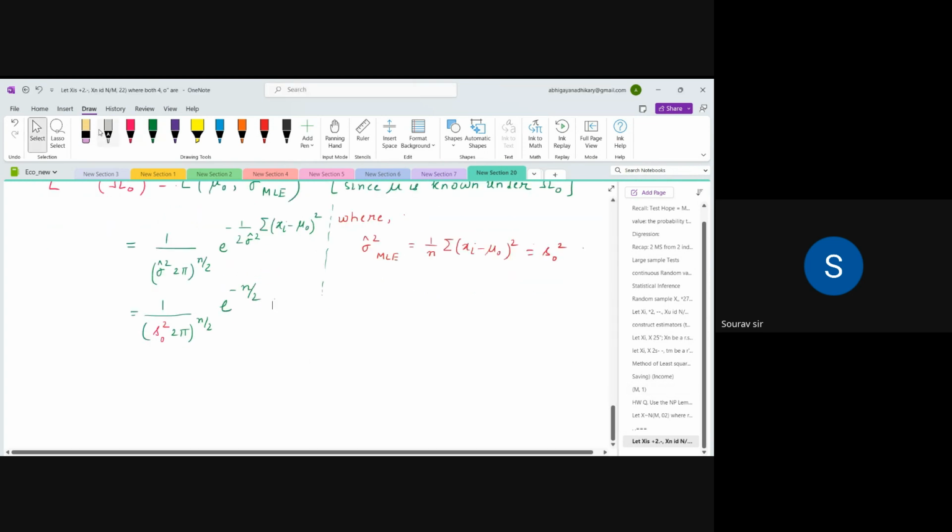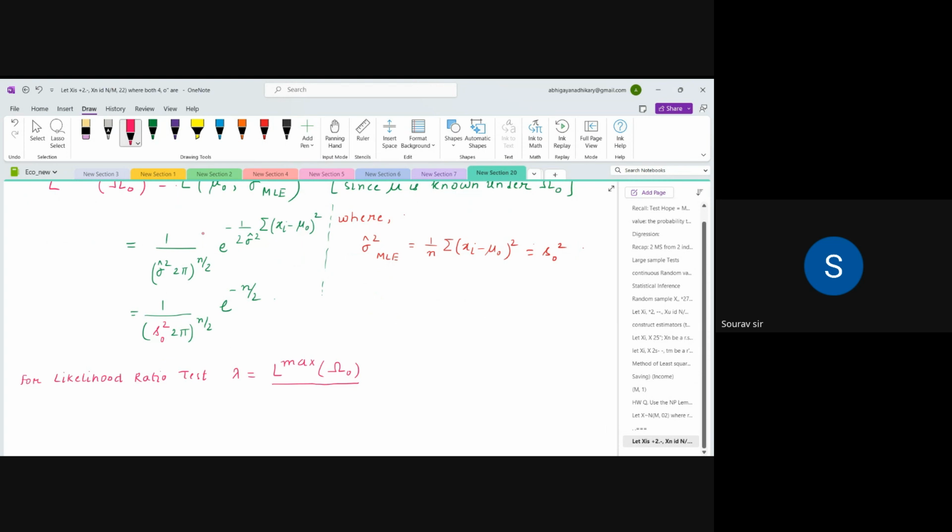So now that means what? We have got the two values that we required. So now for the likelihood ratio test, we will define this ratio lambda, which is the maximized value of the likelihood function under the restricted parameter space H naught divided by the unrestricted one. Can all of you quickly replace these two values and tell me what you're getting?